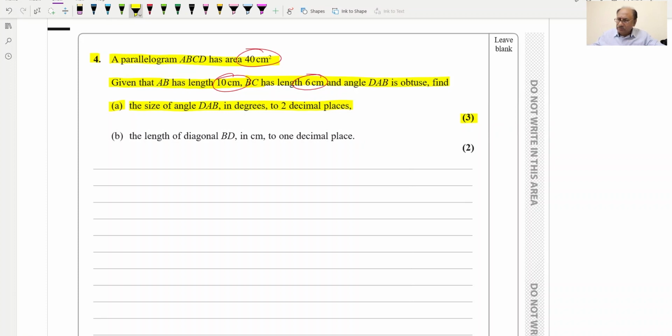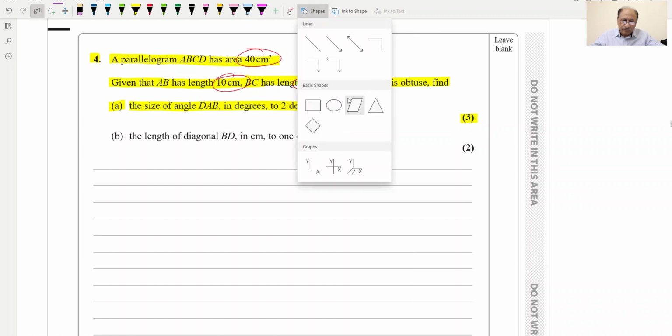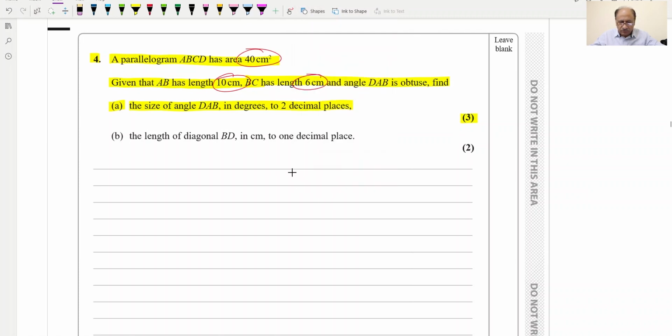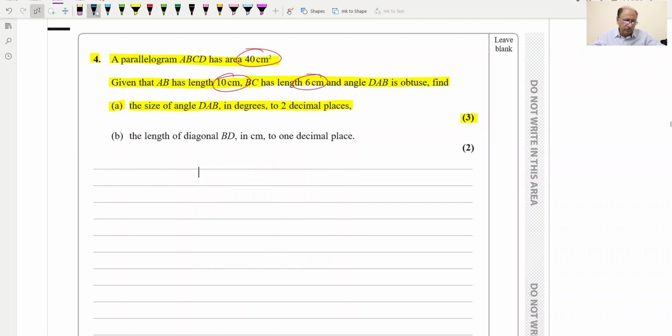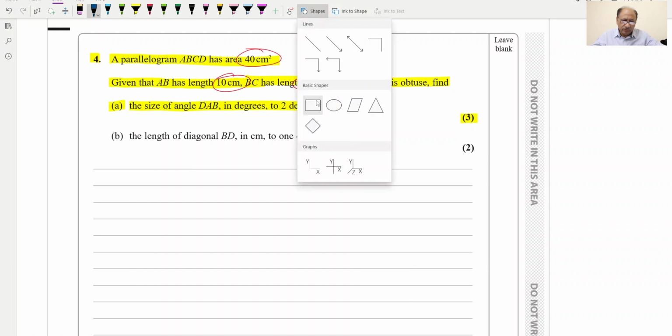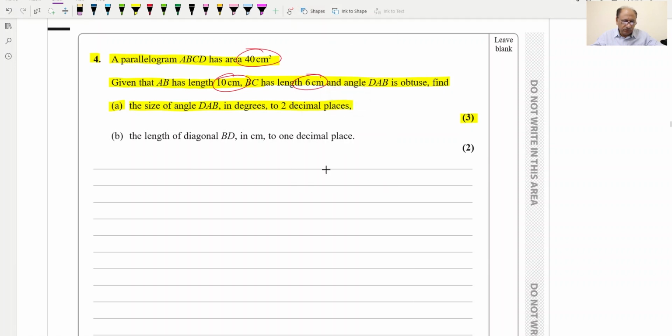So we can sketch the diagram. I'll delete this and draw the shape, and this should be the shape we can take.